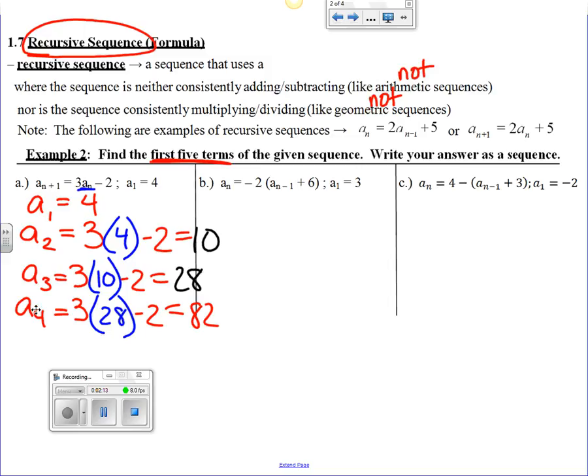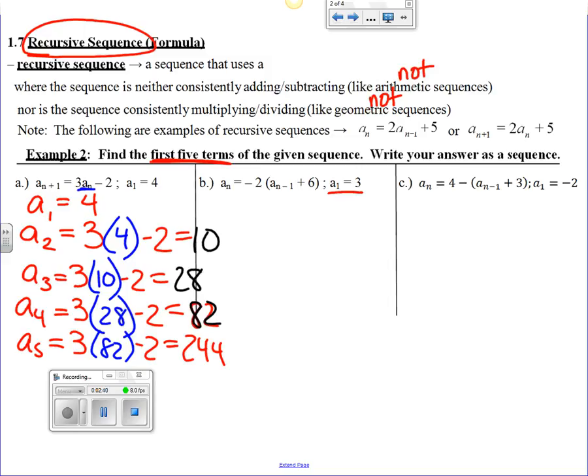All right, let me call on somebody for A5. How about Eden? Give A5 a try. Very good.